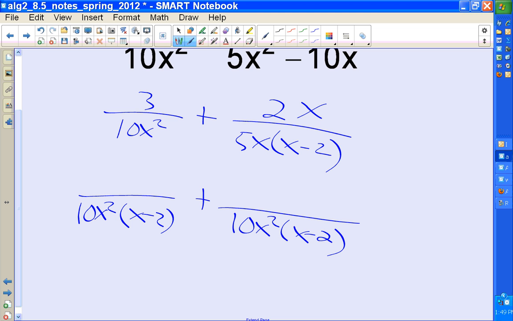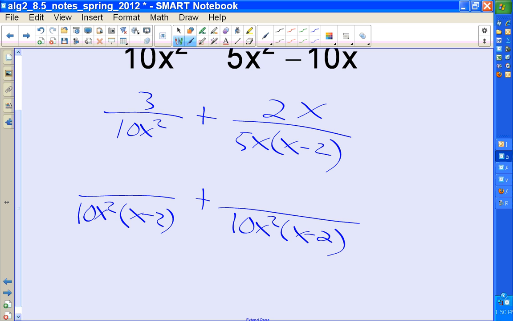So again, now we're starting to mix them in, and you've got to say, with the numbers 10 and 5, if you need to factor the 10 to 2 times 5 times x squared, some people will do that. I'm not going to do that. But if it helps you, then you'd have a 2, a 5, then you have an x here and an x here. We take the x to the higher power, which is squared, and we have to have the x minus 2 factor also.